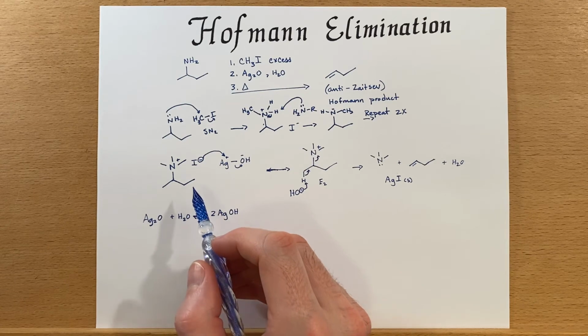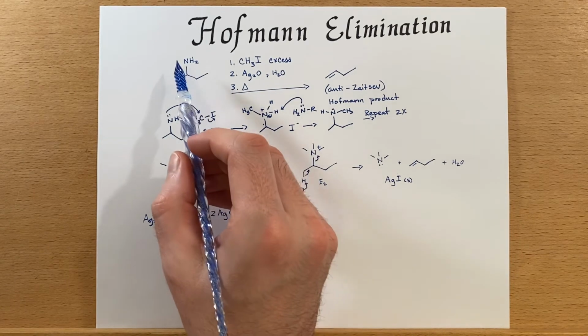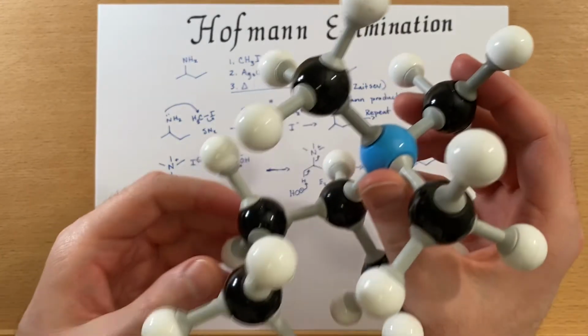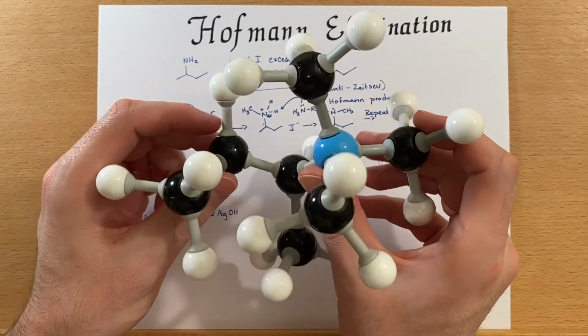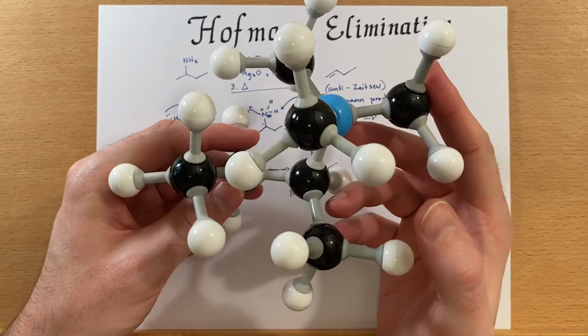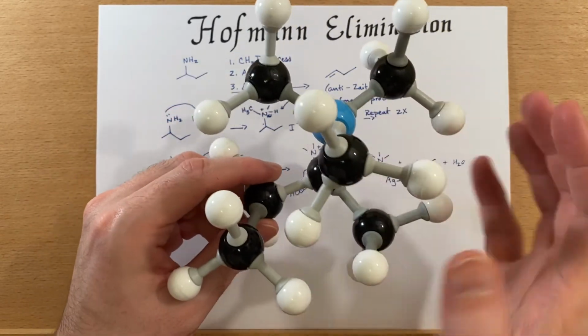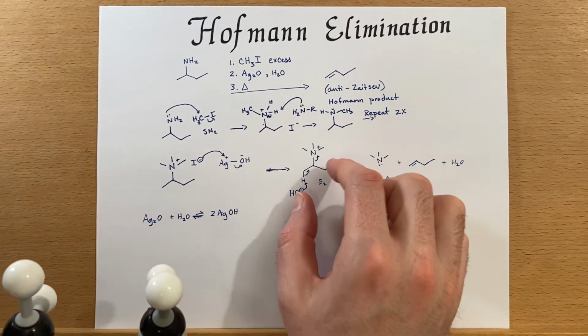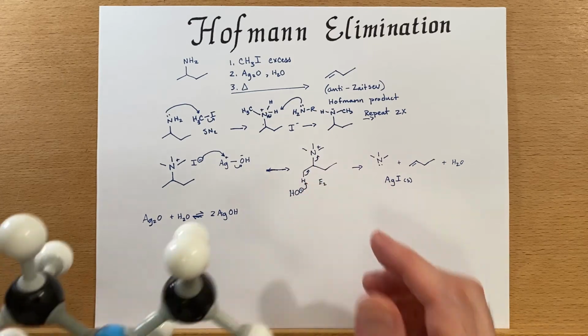Well, there is a reason why we bulked up this leaving group, and that's to promote the Hofmann product. So to explain this, it's probably best to bring in a model kit. So here's this reagent right here. It's ready to be deprotonated.